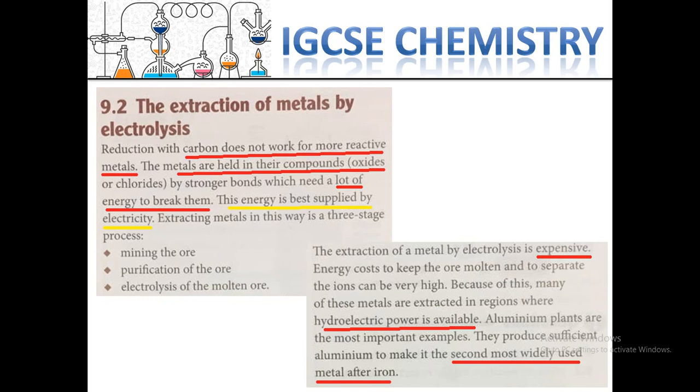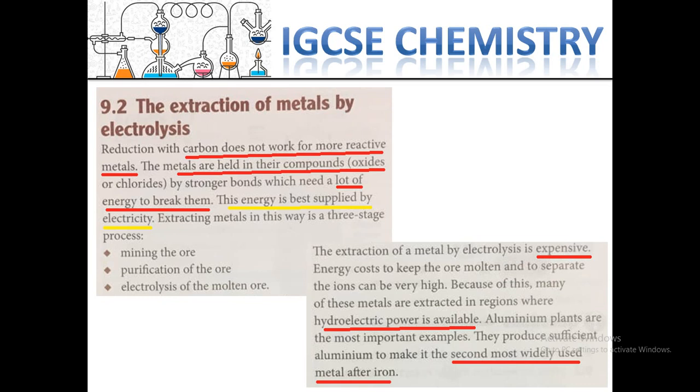A lot of energy is required to break down the bonds between the metal and other components like oxides, chlorides, or any other halogens. So that's why we are going to use electrolysis in this case.